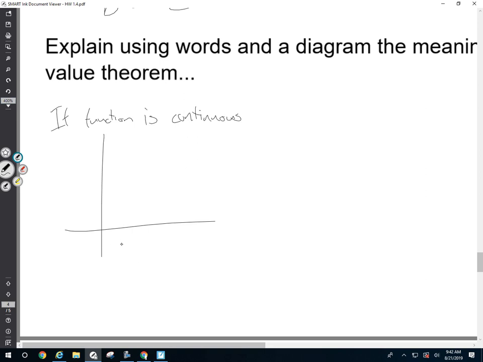And I got 2 points that I know exist on the function. I must cross through every single one of these y coordinates at least at one location between these two x coordinates.